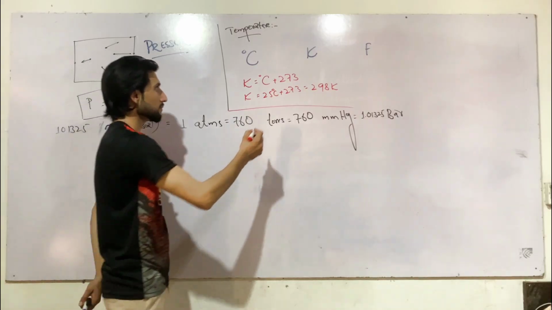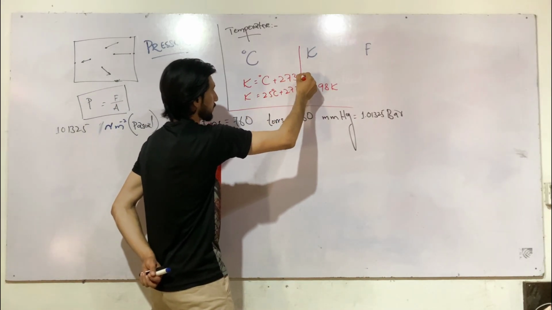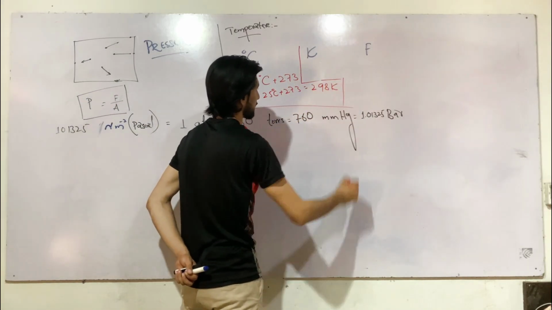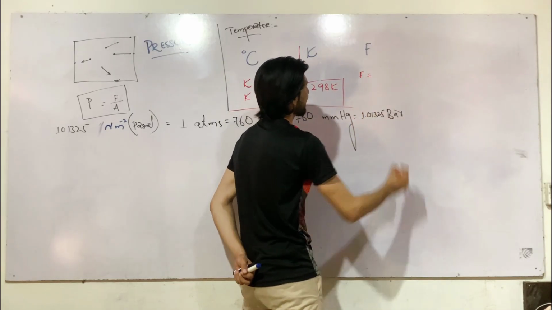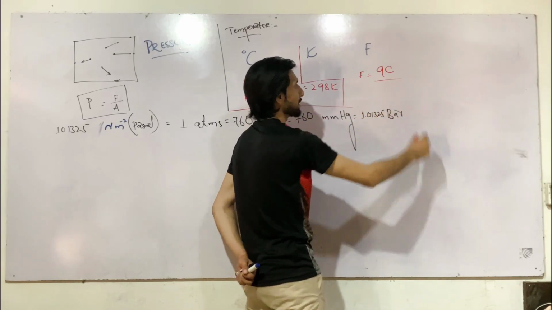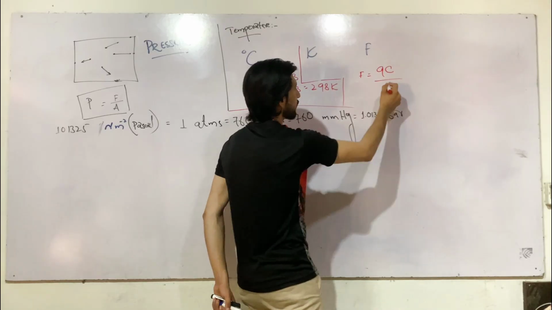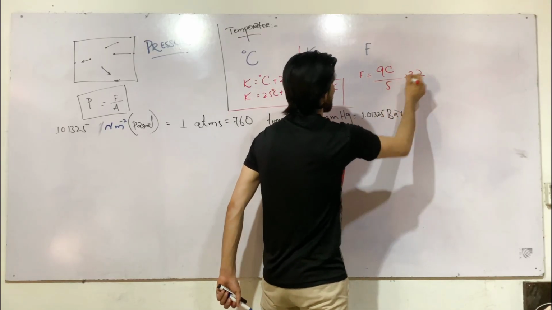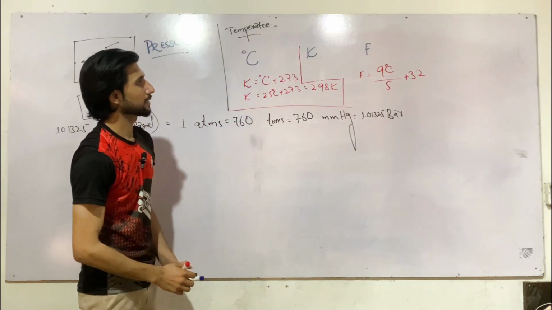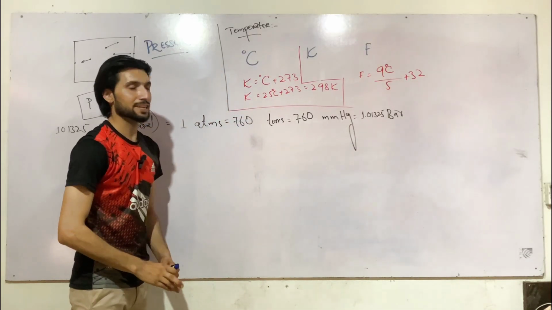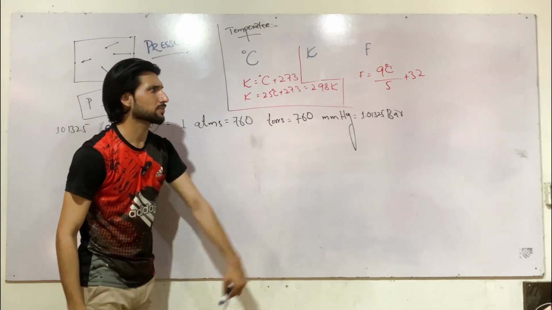What is the relation between Fahrenheit and Celsius then? It is very simple. Fahrenheit equals 9C over 5 plus 32, you must remember this. What is C? C is the temperature in the Celsius scale. So if the Celsius temperature is given, you can convert it into Fahrenheit.